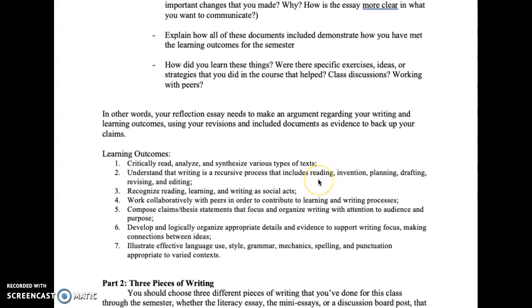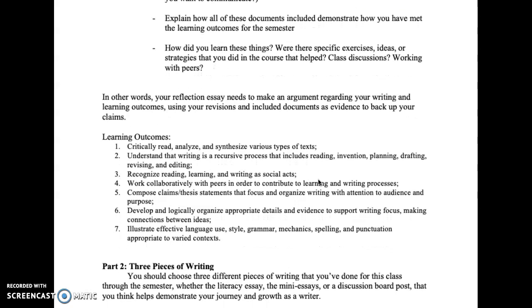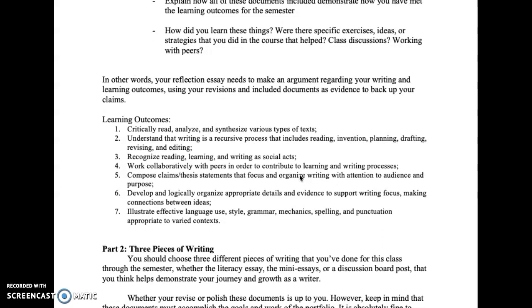How does it show that you understand that writing is a process that includes reading, invention, planning, drafting, revising, and editing? How does your portfolio prove that you can recognize reading, learning, and writing as social acts where you're a part of a group of people who are participating in this conversation together? How does your portfolio show that you know how to work collaboratively with your peers in order to contribute to each other's learning and writing processes?